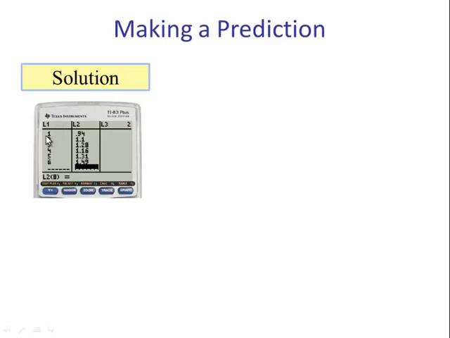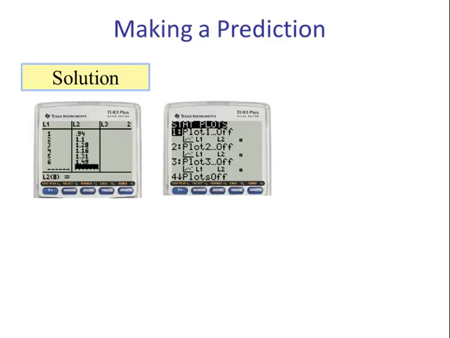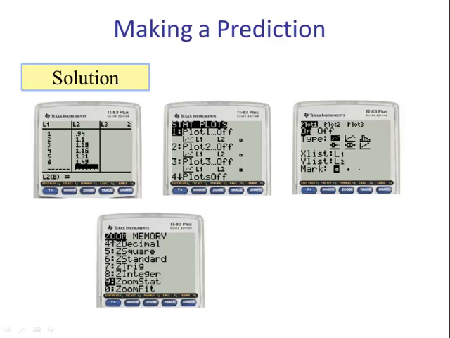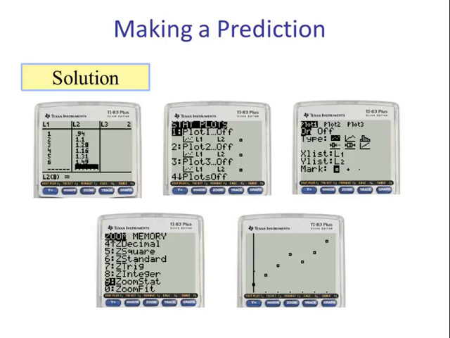Once we have the data in list 1 and list 2, we want to look at the pattern of the data, so we construct a scatter plot. You hit second y equals, make sure it's turned on, make sure it's a scatter plot. X list should be list 1, the Y list should be list 2. Now we hit zoom and number 9 for zoom stat, and here's our scatter plot.